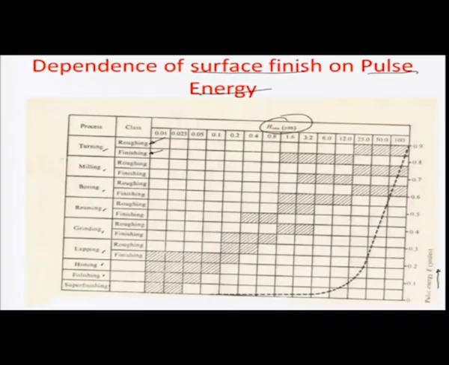So, for example, corresponding to a pulse energy of 0.1 joule, you can get an average roughness of close to 0.01 microns when you talk about electrodischarge polishing processes, and as high as about 0.05 microns.